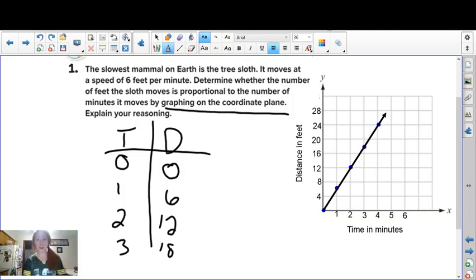So since I see that my line is a straight line, and I see that it hits the origin or the beginning or 0, 0, I can consider this to be proportional. And we know I cannot type or write with my finger.